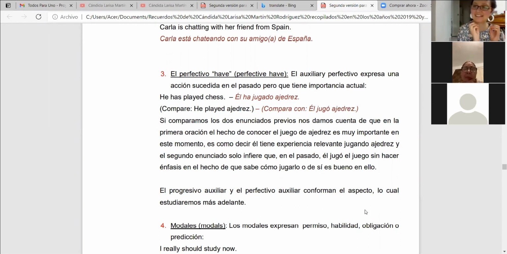It means he has experience in the game, all right? But if we only say he played chess, we are not giving emphasis to the fact that he knows how to play or if he is good at it.